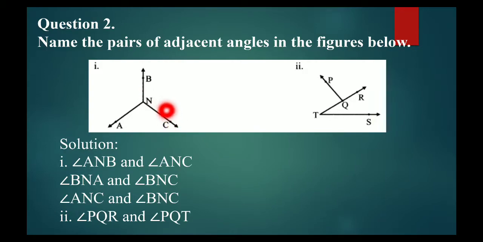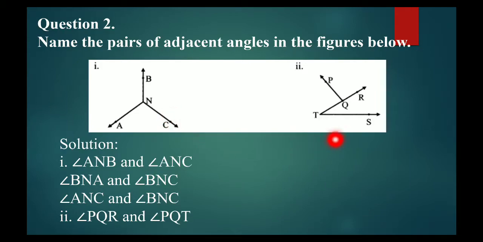Next, angle BNA. The adjacent angle is BNC. Next, angle ANC. The adjacent angle is BNC. I hope you all have understood.